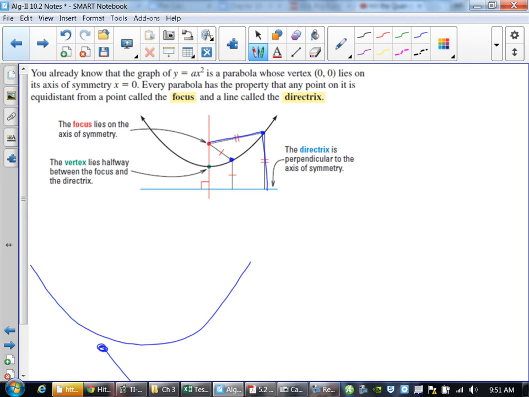You guys ever see or ever played with glass lenses where you change how things look? I mean, basically, it's just like wearing glasses, how things are curved. That way, inside the back of your eye, you can see it better. That's the whole idea of this focus and the directrix. The image comes in your eye and it's bouncing off the back of things.